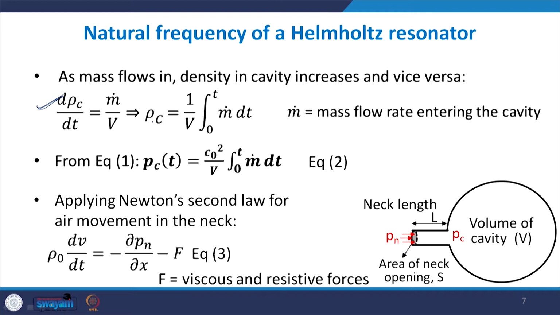So if we integrate this equation with respect to time, the density can be found as 1 by volume times the integral of m dot with respect to time. This is the expression we get for the density of air inside the cavity.